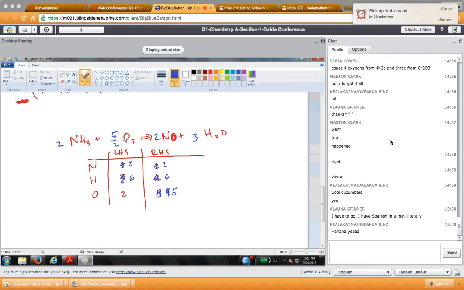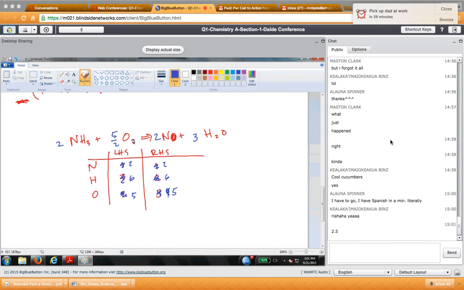If I multiply that by 5 halves, this would become 5 oxygens. You never see fractions inside of this equation, so I'm going to clear it out by multiplying everything by 2.